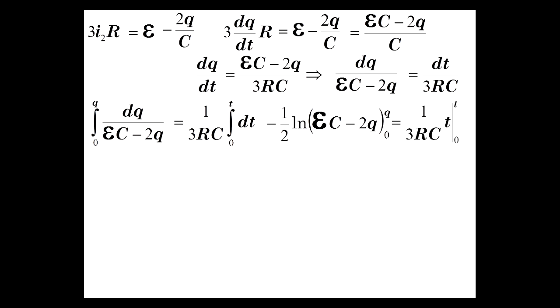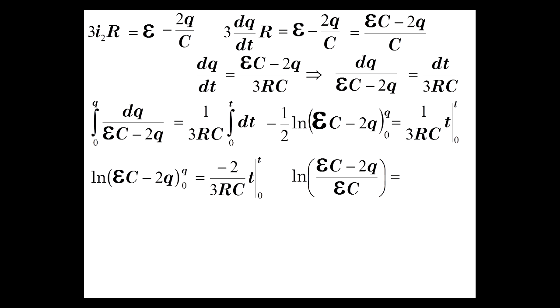So here we are, and we can easily just multiply by negative 2 to simplify this left side a little bit. There it is. And now let's write that as follows. Natural log, the ratio of that difference there, equals minus 2 over 3RC times t.